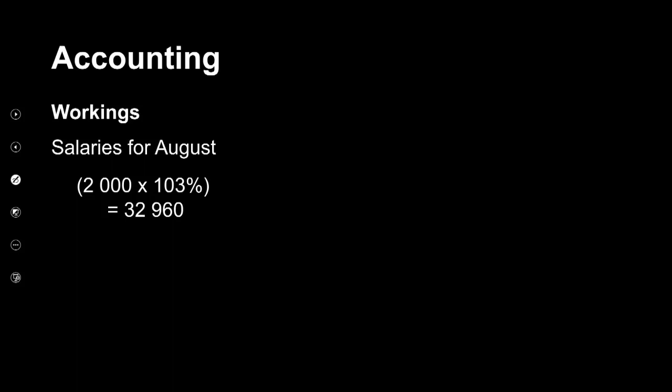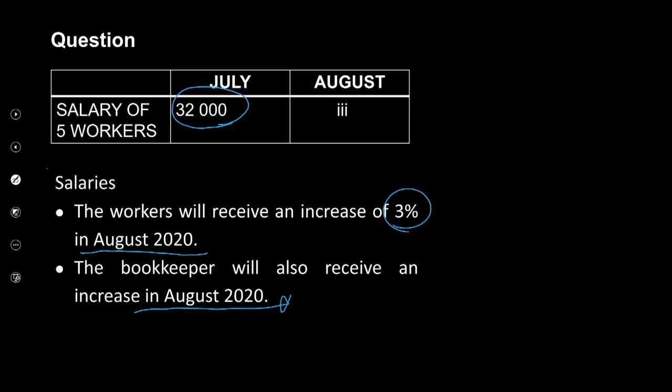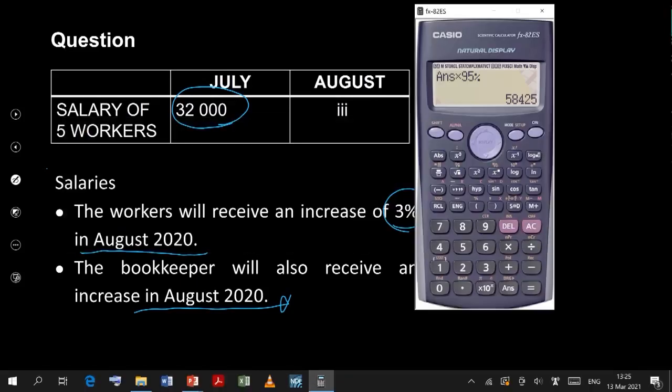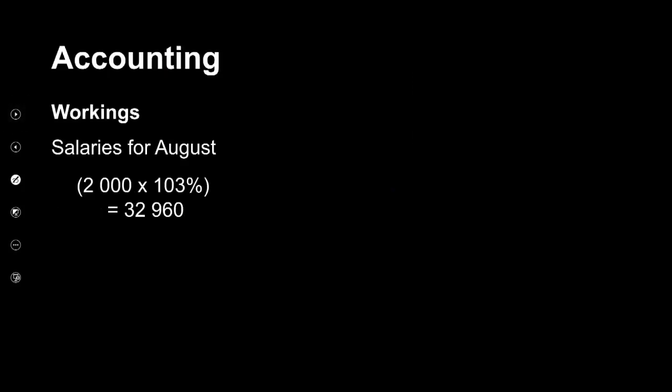If we take that figure, let's get our calculators out, take that figure times 3%, it will give me a figure of 960. The workers will receive an increase of 3% in August, and the bookkeeper will also receive an increase in August. Watch what we do here. The 960 is the increase, as you saw in our calculation.